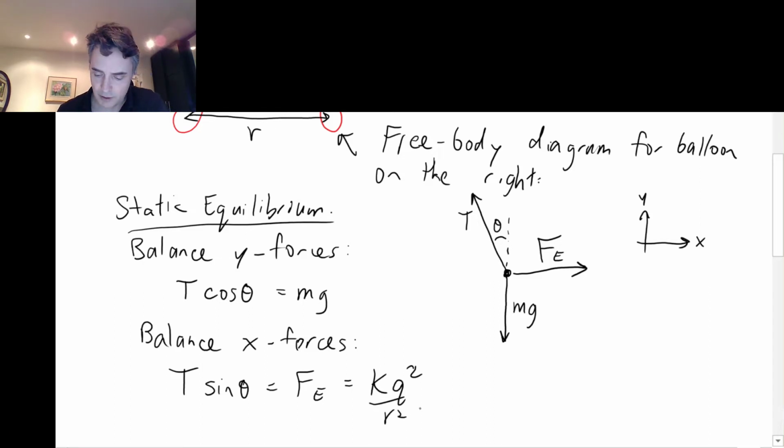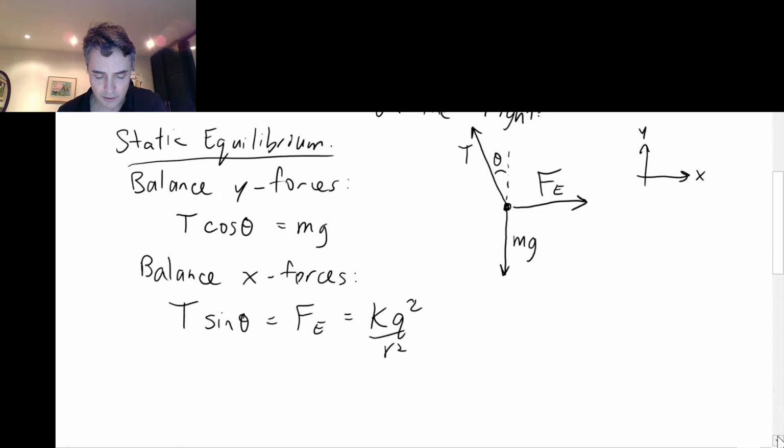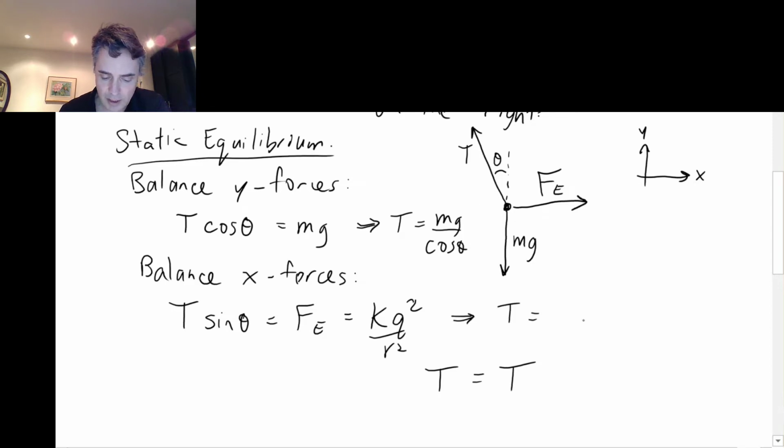And you can just, I guess, divide by the sine theta and the cos theta. You set the tension equals the tension. So this means that the tension is mg over cos theta, and this means that the tension is equal to k q squared over r squared sine theta.